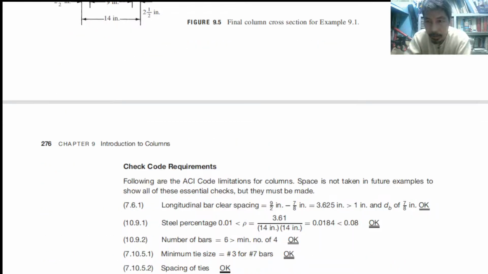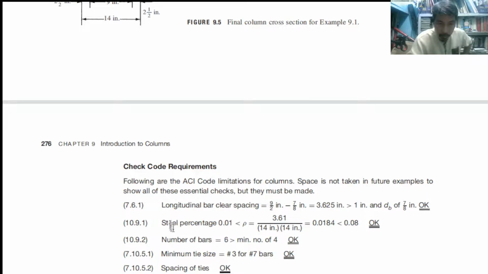Check the code requirements. So longitudinal bar clear spacing: 9/2 inches minus 7/8, that is the spacing which is greater than 1 and db of 7/8. Okay, so this is okay, meaning the gravel will be able to go around and in between the steel bars.